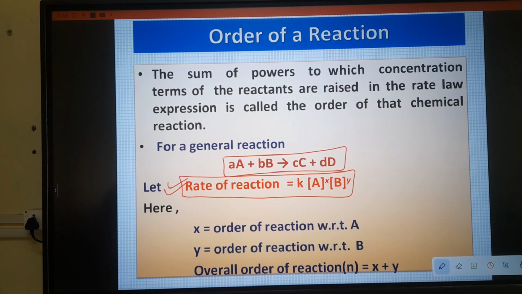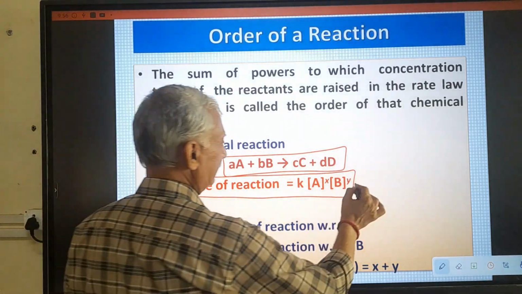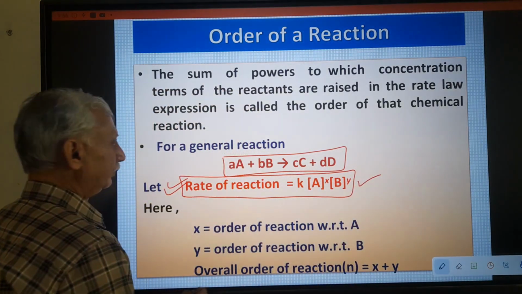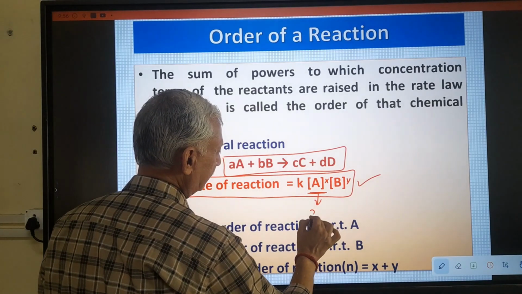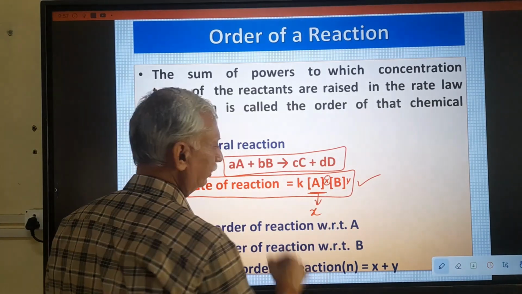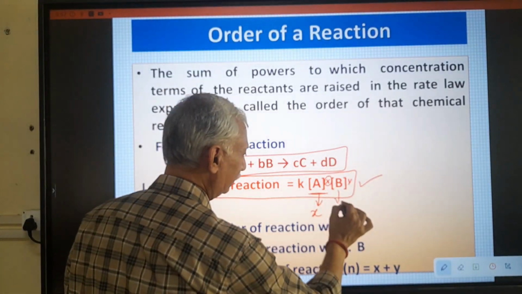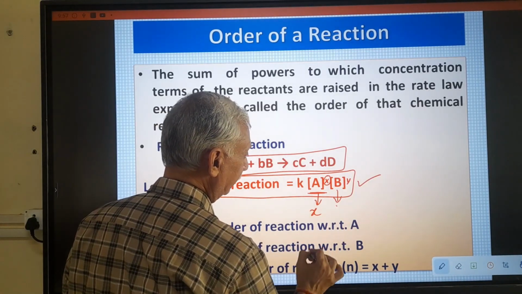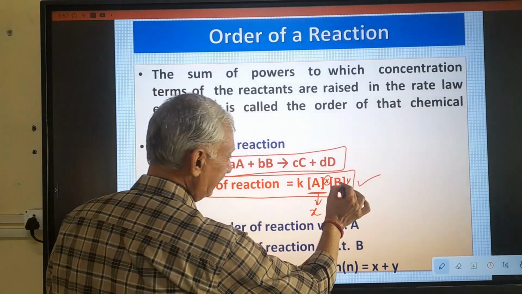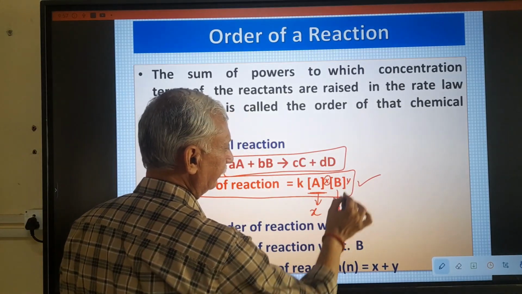After determining these values experimentally, in this rate law expression, the order of reaction with respect to A is x, and the order of reaction with respect to B is y.